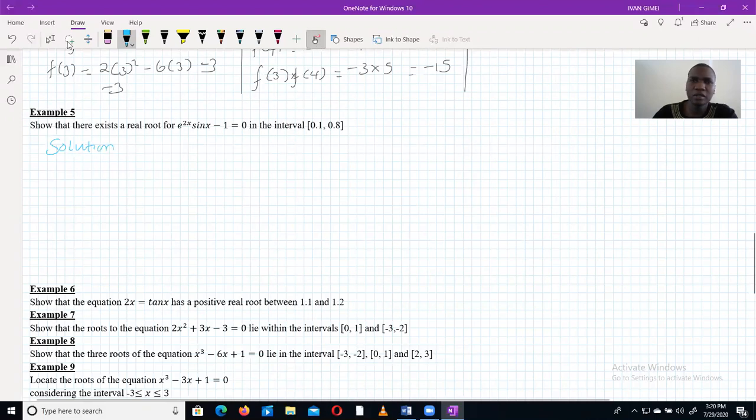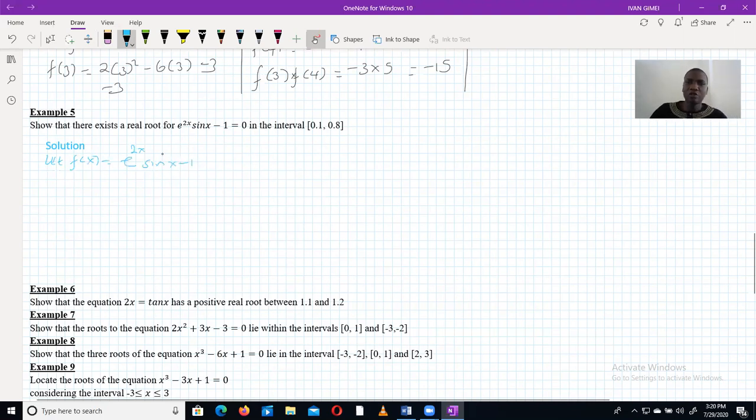Solution. Now, here we still, first of all, let our f of x be the same as exponent of 2x sine x minus 1.